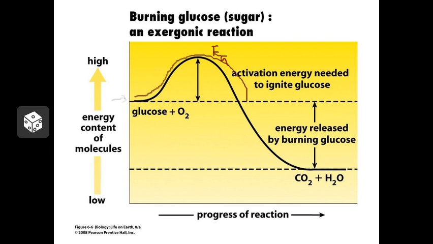That's the energy that has to be added to the system to get this reaction going. Once the energy of activation has been accomplished, the reaction can proceed, and notice that the products of this reaction have less energy than the reactants that we started with. So energy was released through this system, making the reaction exergonic.